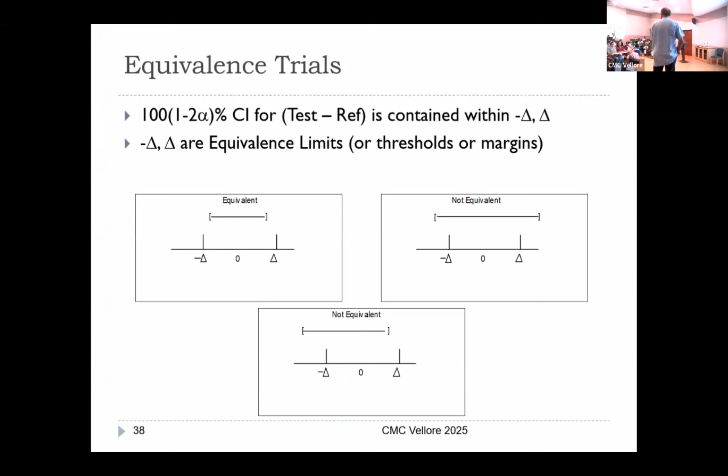And it could be that the test one is actually better, but it goes out in one direction. It turns out to be better. So nobody likes to do these equivalence studies anymore, because even if it's better and your confidence interval goes beyond on the better side, then it becomes a problem. I'm mentioning this because if you read old papers from 25 years ago, people did equivalence studies. We don't do these anymore.